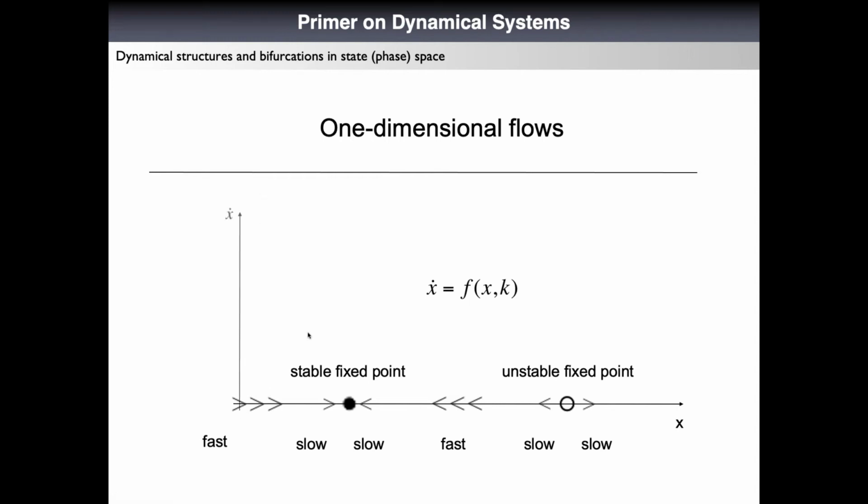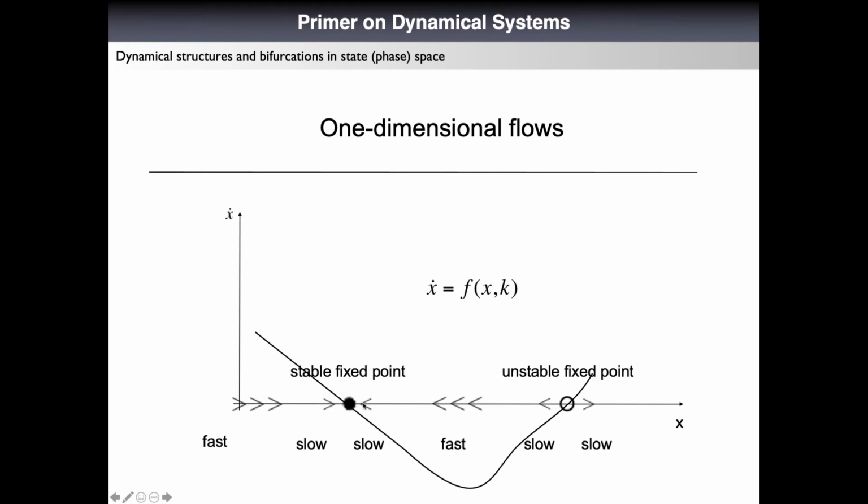This we can see if we add an axis here to represent the derivative. Then here we are at the point where the derivative is 0. And as we go further from the stable fixed point, the derivative becomes higher and positive on this side, higher and negative on this side.